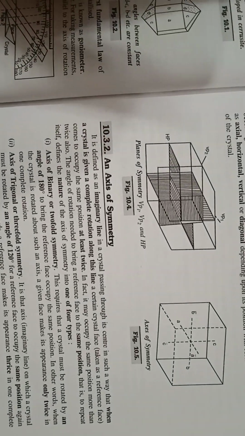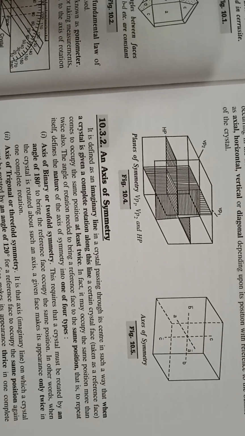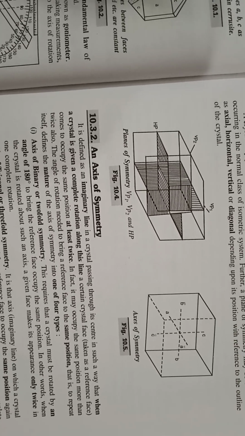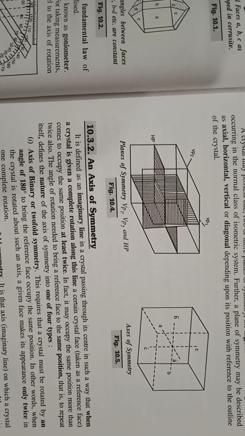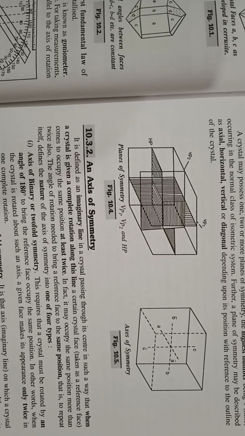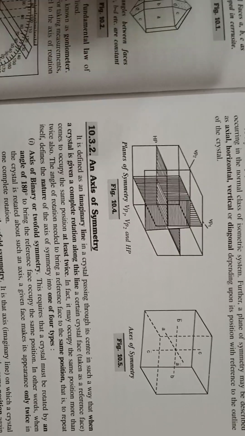A crystal may possess one, two, or more planes of symmetry, the highest number being 9, occurring in the normal class of the isometric system. Further, planes of symmetry may be described as axial, horizontal, vertical, or diagonal, depending upon their position with reference to the outlines of the crystal. So in the figure.